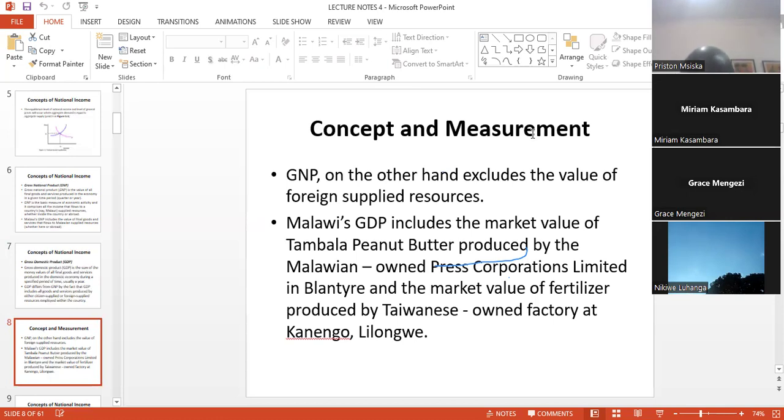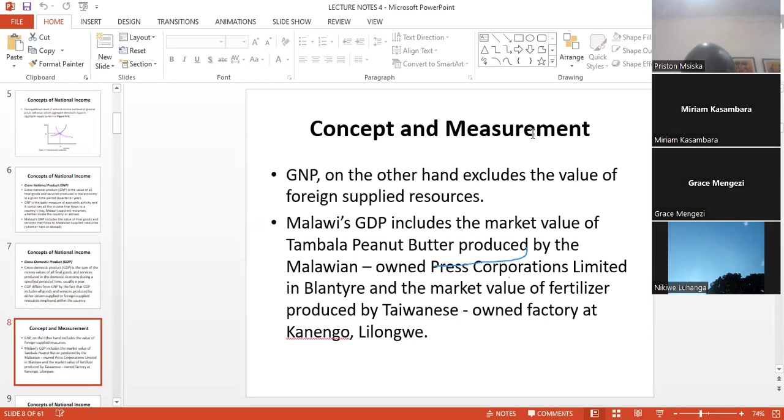There is growing production. You have been, I'm sure, reading or hearing about this term economic growth. Basically, it is coming from the figures that we get from GDP. So if Malawi is growing, it means GDP has been growing.